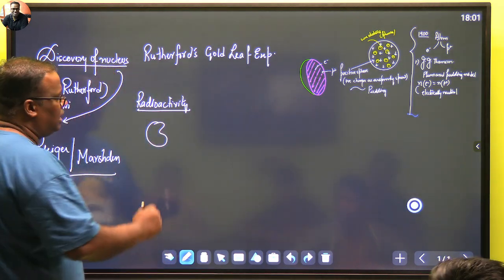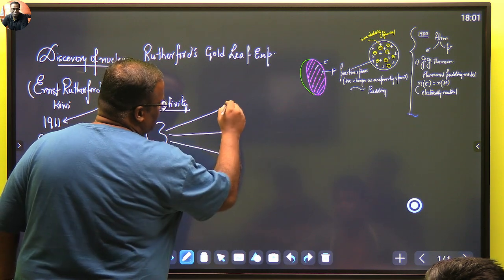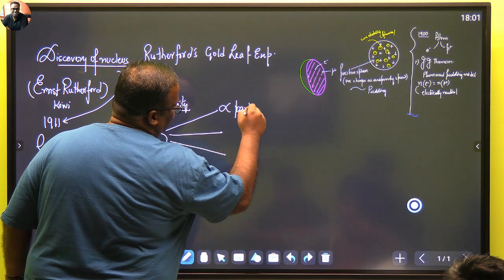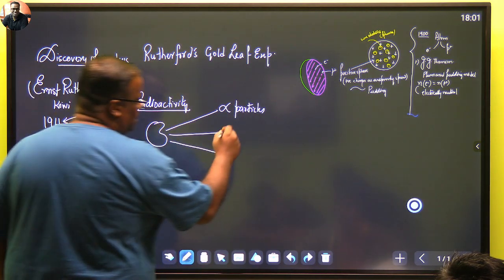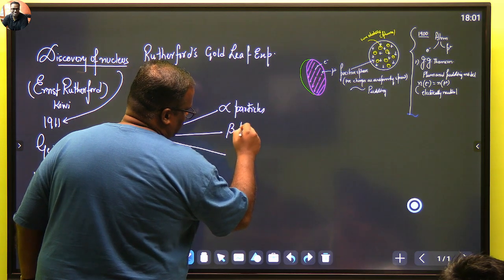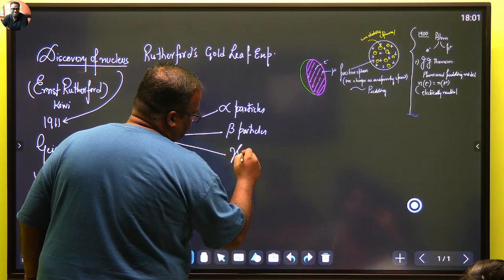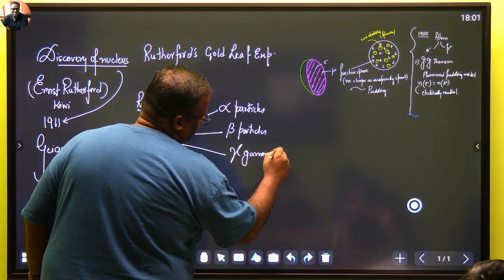The radiations they emit are of three types: alpha particles, beta particles, and gamma rays. Many people say rays for alpha, but rays is not the right word because they have mass.